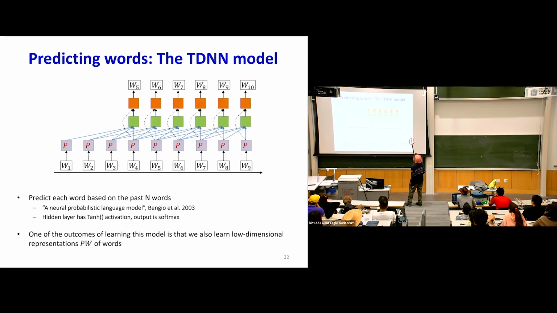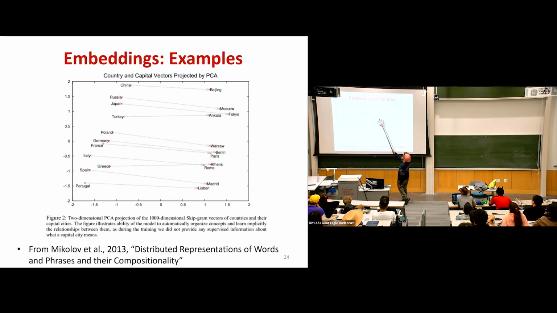So anyway, look at this. I have China and Beijing. These have been positioned in this space. I have Russia and Moscow. They have also been positioned in the space. If you look at the vector that connects China to Beijing, it looks exactly like the vector that connects Russia to Moscow, or Japan to Tokyo, or Turkey to Ankara.